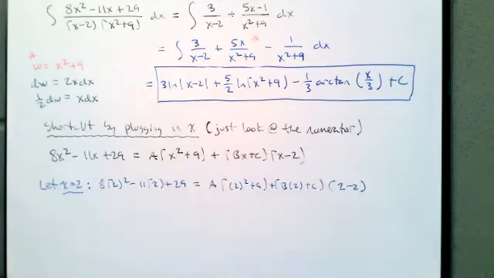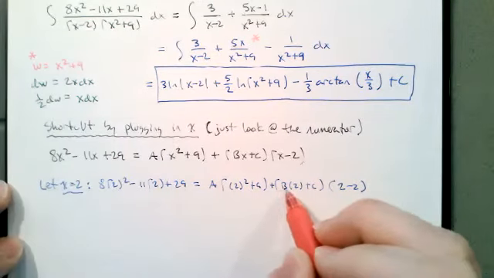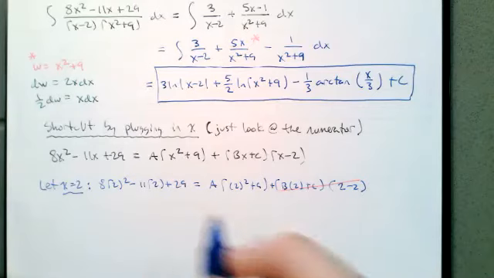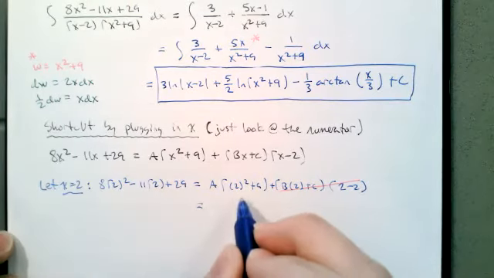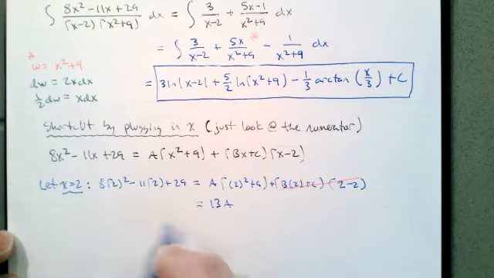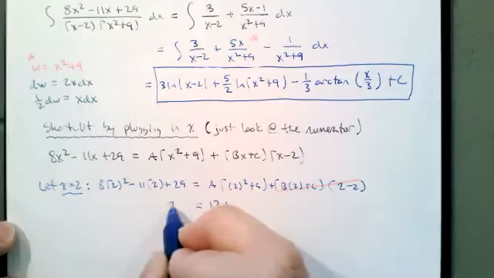So what this does for us is it takes 2 of the things that we're looking for out of the equation. We do have to sort all this out. We get 2 squared is 4 plus 9 is 13a. And then we have to simplify this side, so it's going to be 39.